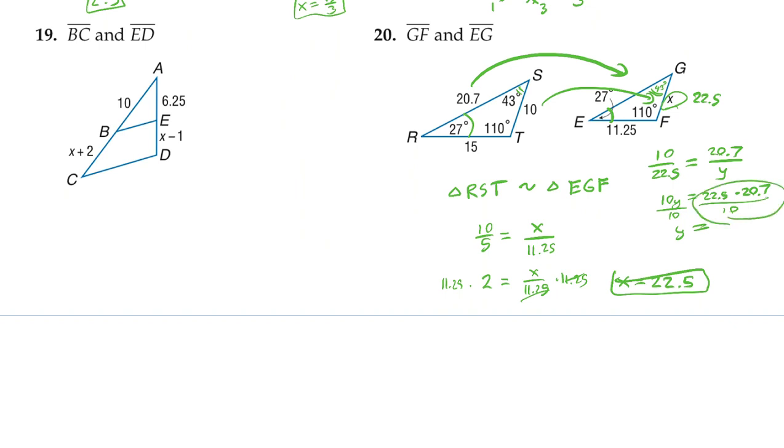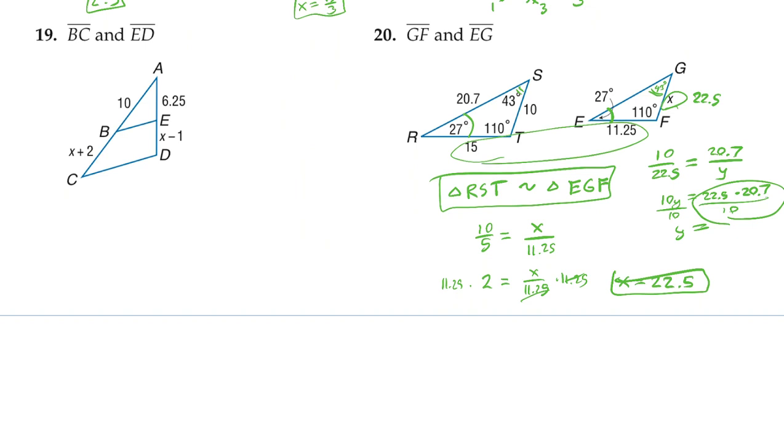Now the question is, what's the scale factor? Well, the scale factor here is, let's pick some sides. So we're going in the same order as our similarity statement. So it's 15, and I'm just going to write this in terms of fractions. So that's 11.25. So that's 44 fourths plus 1/4. So that's 45 fourths on bottom.